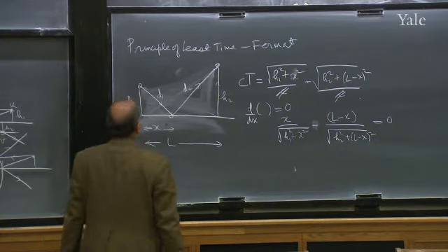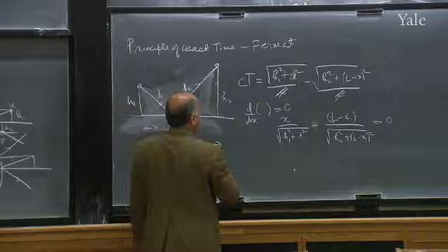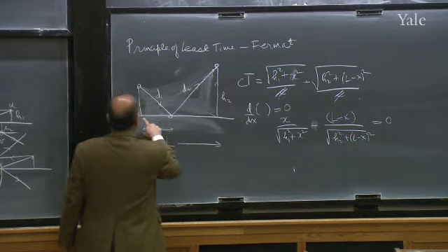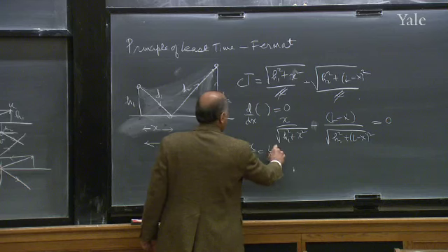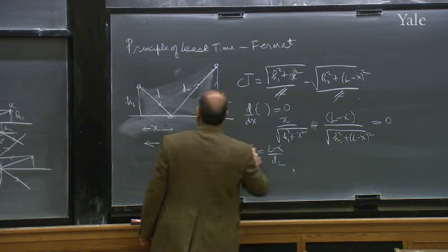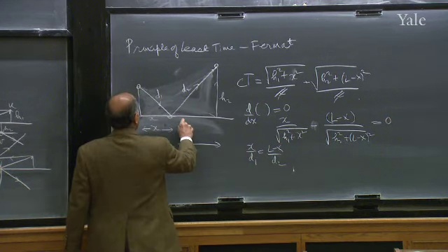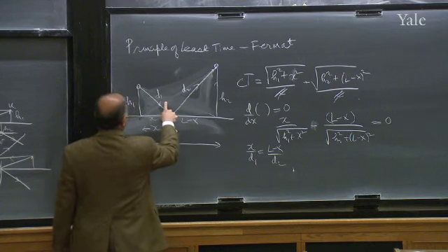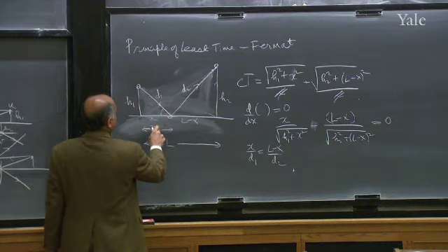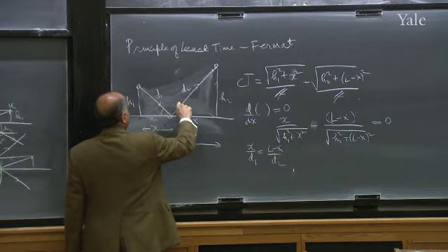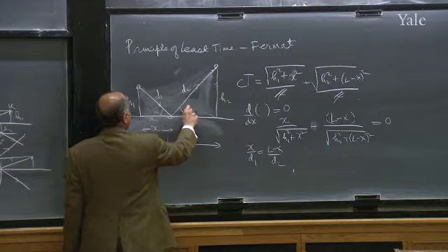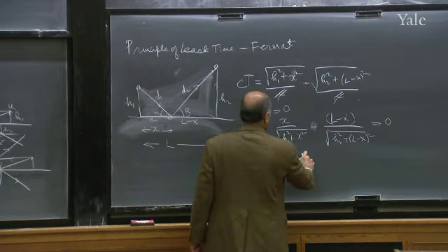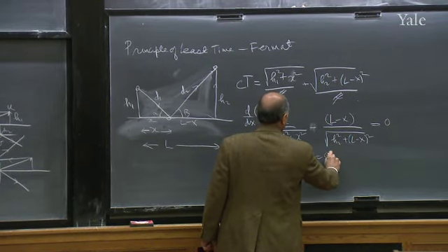Therefore, the point x has to satisfy this condition. But what is x over d1? This is just x over d1 is equal to L minus x over d2. So here is x, and here is L minus x. So x over d1 is cosine of this angle, and that is cosine of that angle. I don't know what you want to call it. It says cosine alpha is equal to cosine beta.